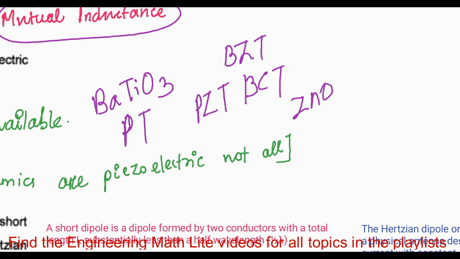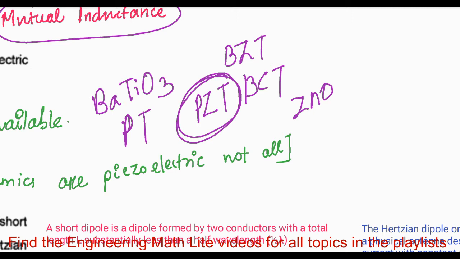These are all ceramics and all are piezoelectric, and among these PZT, that is lead zirconate titanate, is the most used, currently used, and the highest performing piezoelectric material among the ceramics.